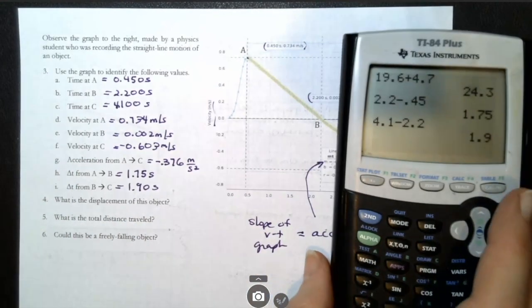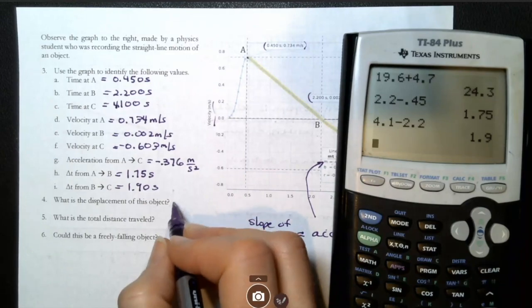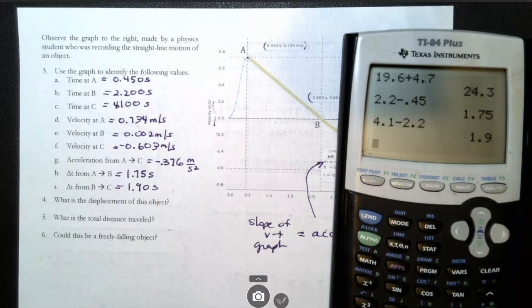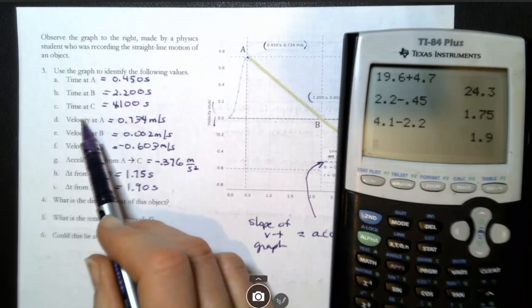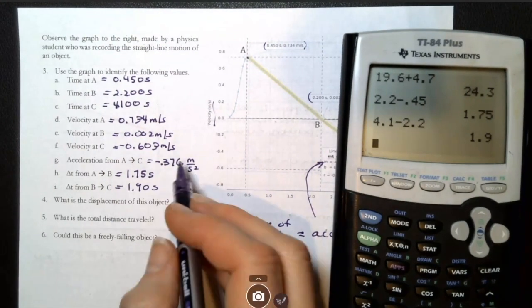The displacement of this object, you can do this a few different ways. You can either find the area under the curve, or you can do the calculation for it, given the initial velocity, the final velocity, the change in time, and the acceleration.